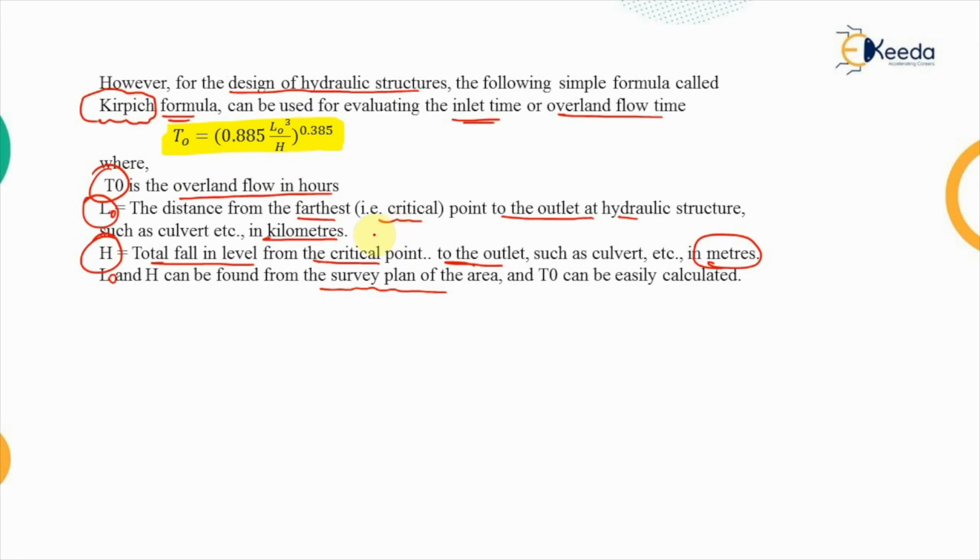Once we know the overland flow time, we can calculate the runoff easily from the given discharge value. From the discharge rate, if we multiply by the overland flow time, we get the volume of water that was flowing over the surface. Now it completes all the methods through which we can compute the runoff.